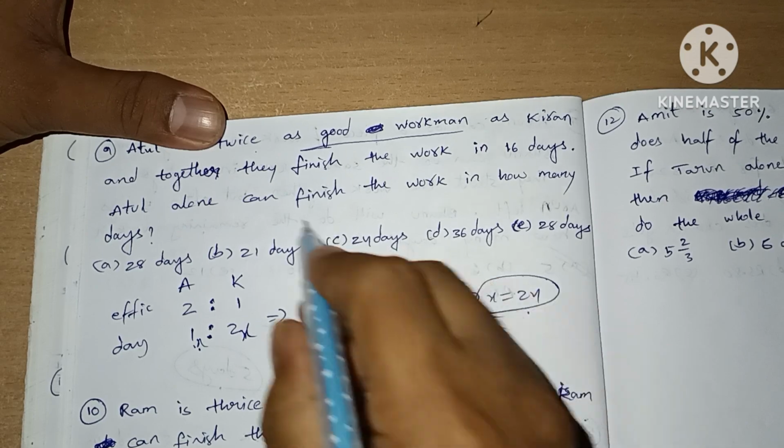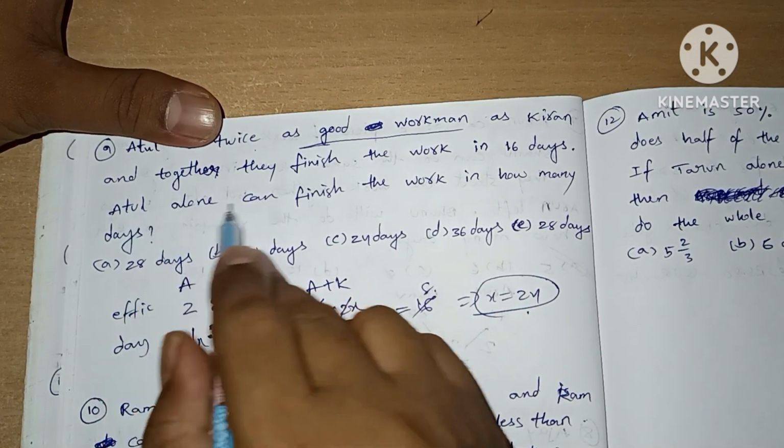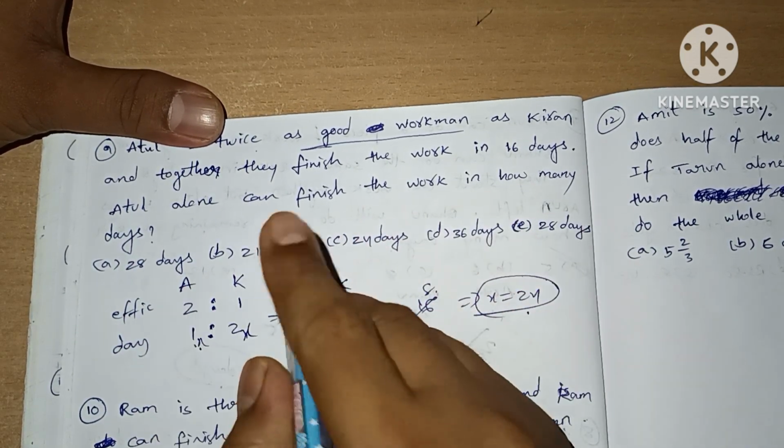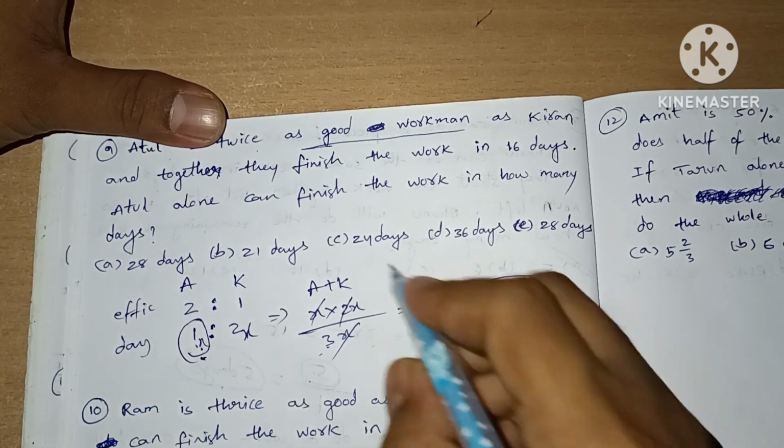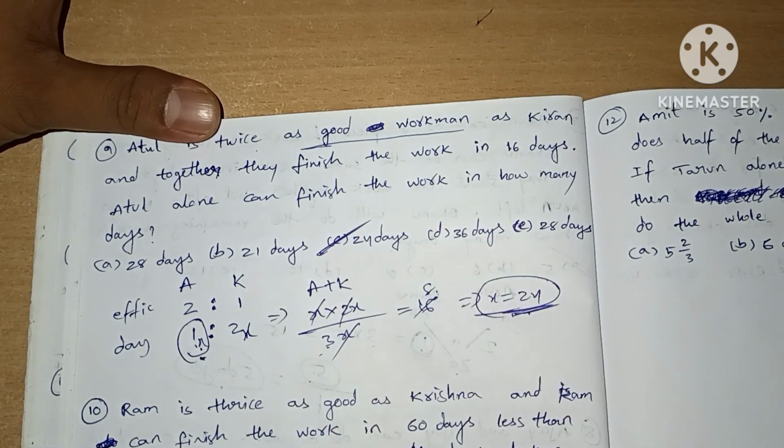So what the question asked is, Atul alone can finish the work in how many days? Asking about the x value, which is 24. We got 24. C is our answer.